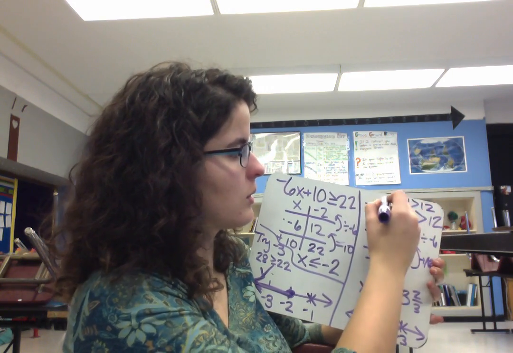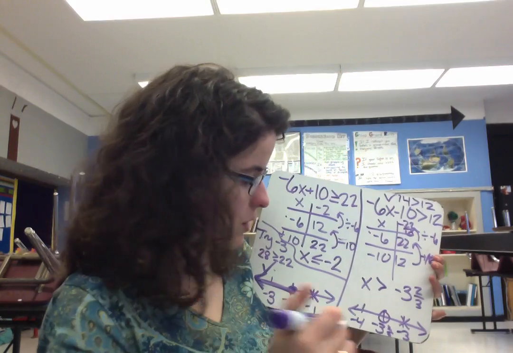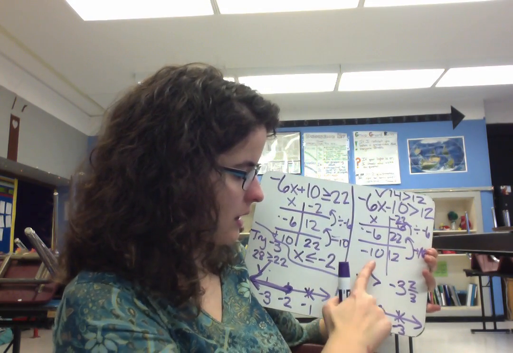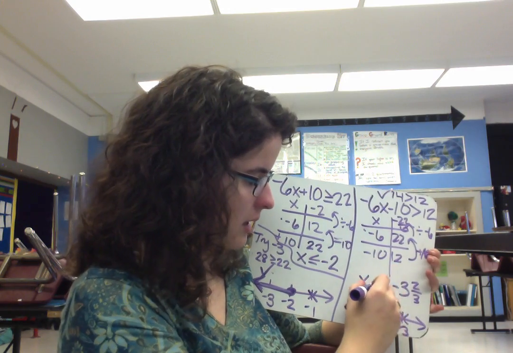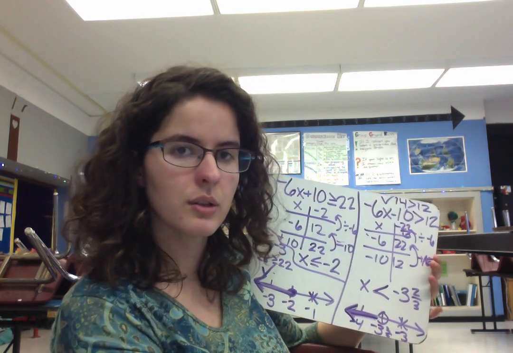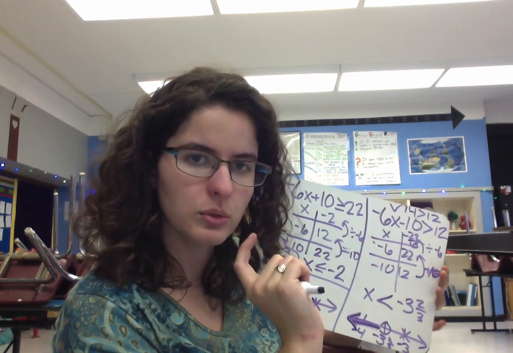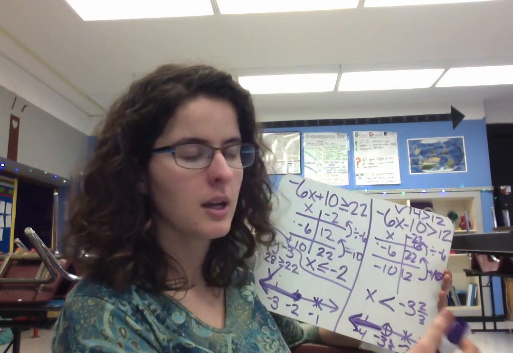Is 14 greater than 12? Yes. So we would go in the direction of -4, which tells us that x actually has to be less than -3 2/3. So something is happening that is causing the inequality symbol to reverse or to flip.